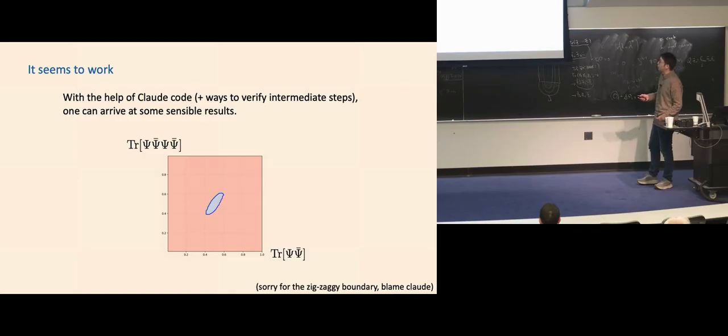This plot is the bootstrap plot where the red region is ruled out. The blue region is in principle allowed up to some truncation order in the bootstrap. The exact answer that we can compute analytically is (0.5, 0.5). I didn't try to go to very high order, but you can get some islands.